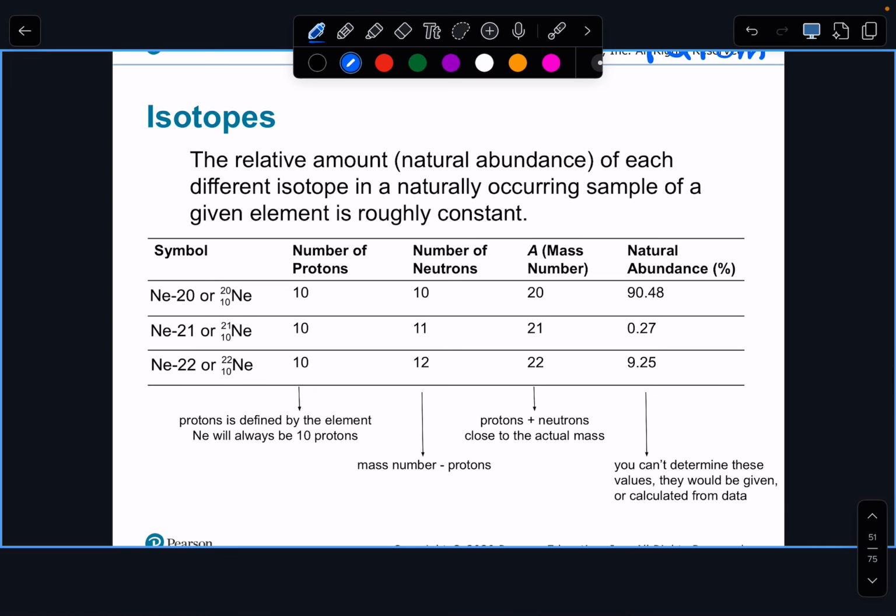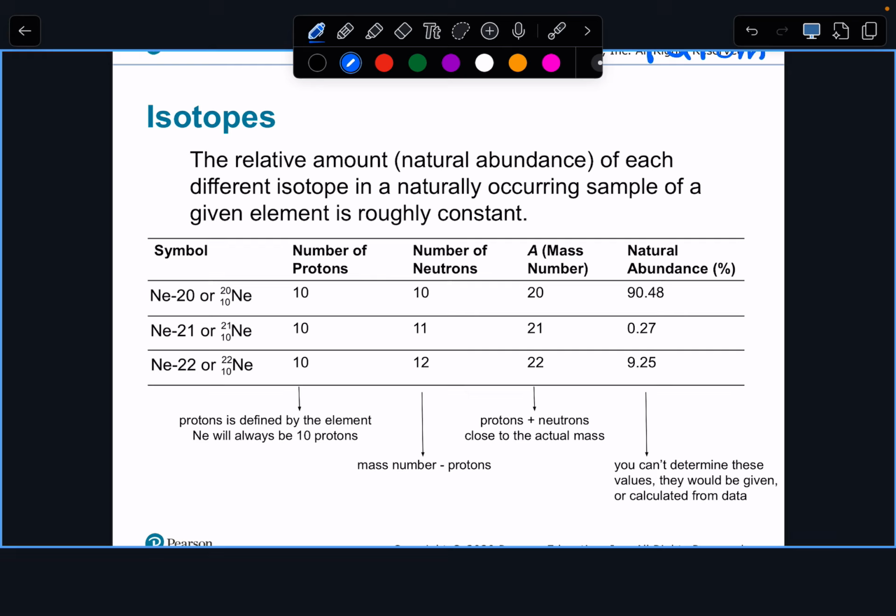So just like formally talking about isotopes so that you have it in your notes and you're clear on the differences. An isotope is where you have the same element, and you have a differing number of neutrons in the atom. Okay, so the most common form of neon, 90% of the neon found everywhere.